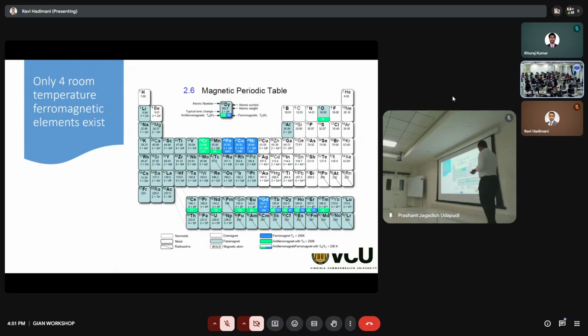But as I said, chromium, just the way the atoms are arranged, it's antiferromagnetic. There are opposing spins within one lattice. Okay, it's not like there are two different molecules coming and canceling the spin.